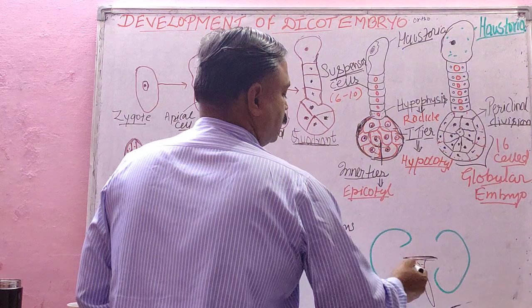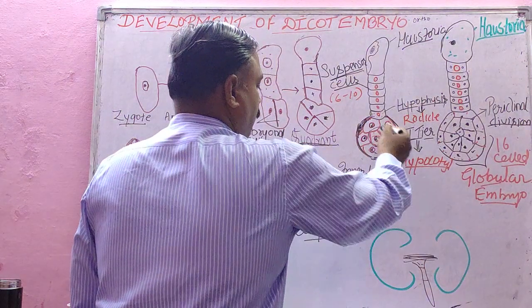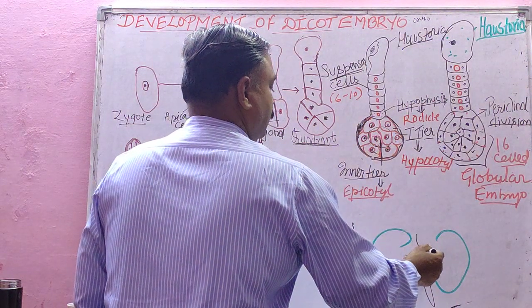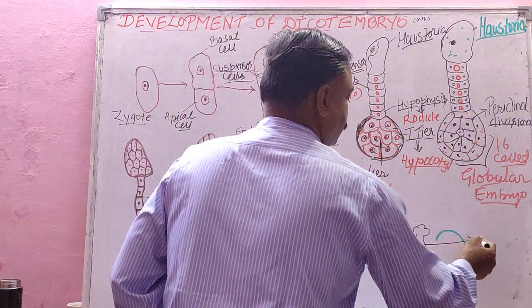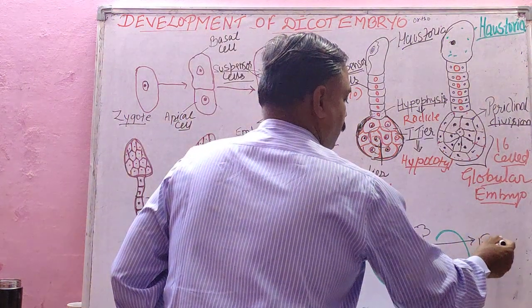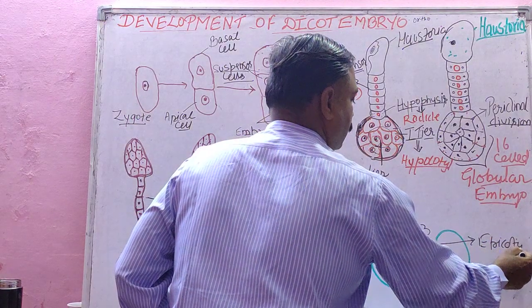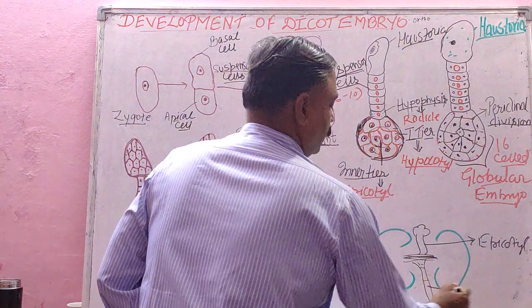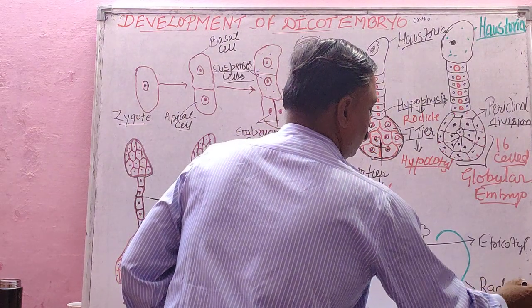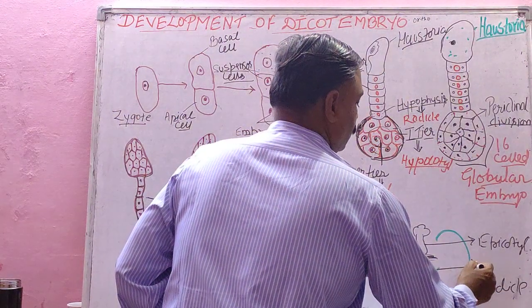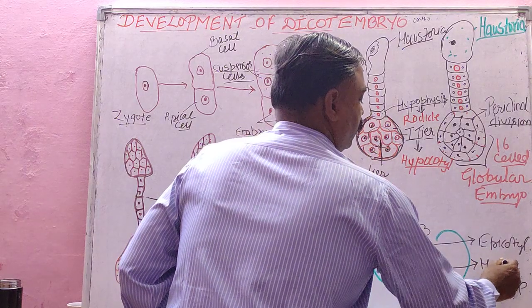This is your mesocotyl, and the inner tier will become epicotyl. Epicotyl, radicle, hypocotyl.